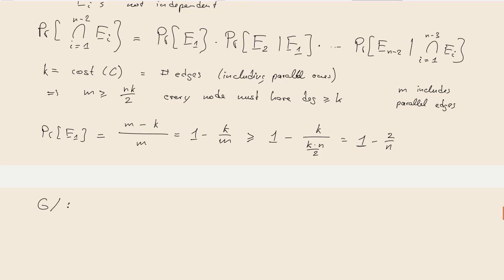So let's now look at the graph that we get after the first i-1 contractions. So what's left is n minus i plus 1 vertices.